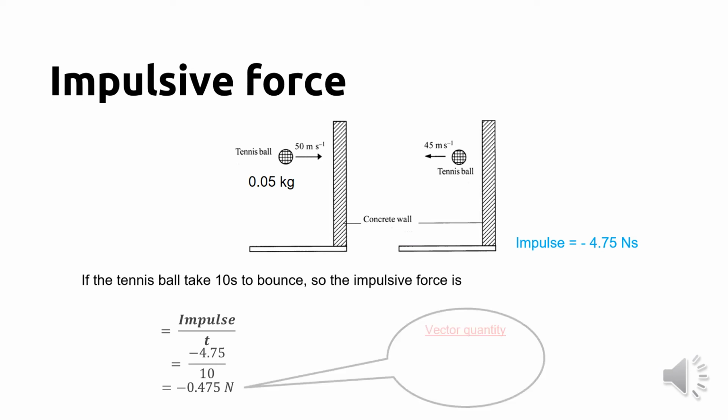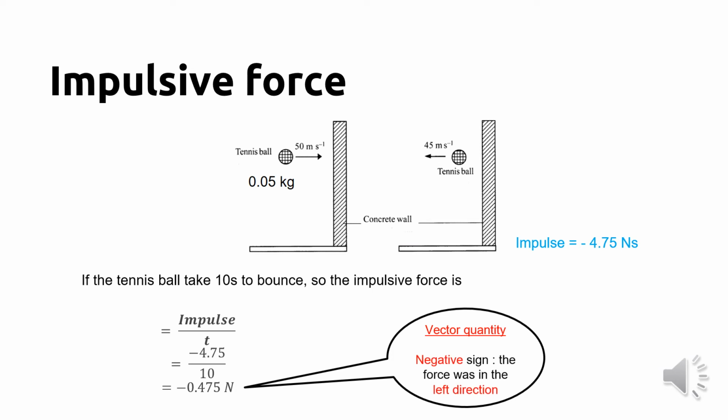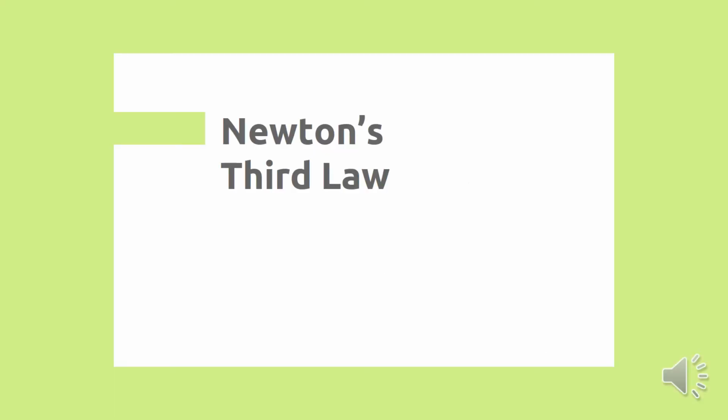Impulsive force is a vector quantity, so the negative sign means the force was in the left direction. Impulsive force actually obeys Newton's third law. The law states that for every action there is an equal but opposite reaction, meaning that the magnitude of force from the tennis ball acting on the concrete wall is equal to the magnitude of force received by the tennis ball.